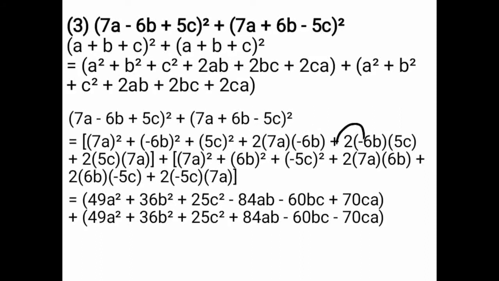Plus into minus is minus. 2 6s are 12, 12 5s are 60, 60 into bc is 60bc. Plus, 2 5s are 10, 10 7s are 70, 70 into ca is 70ca. This is our first bracket, I have solved.